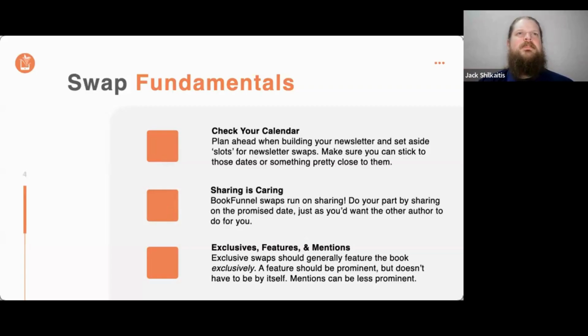So when somebody is looking to set up a mention swap with you, they're probably not expecting to get as many clicks as they would from a feature, or especially an exclusive. If someone is wanting to do an exclusive swap with you, they're going to be expecting to get a fair number of clicks.